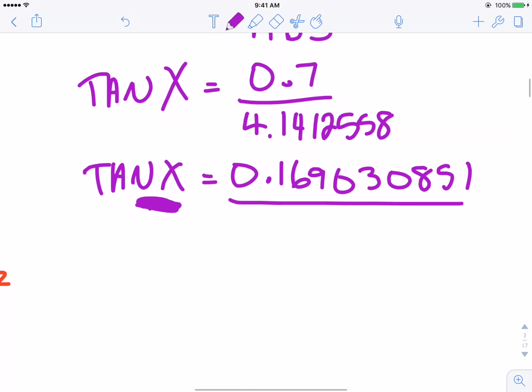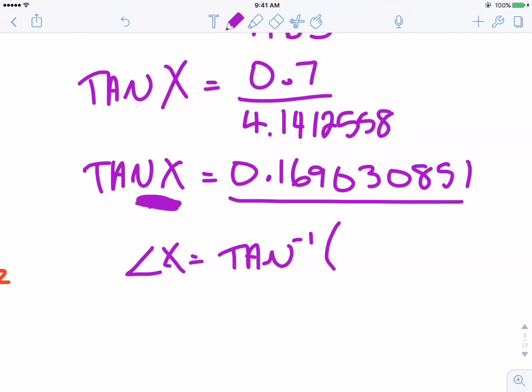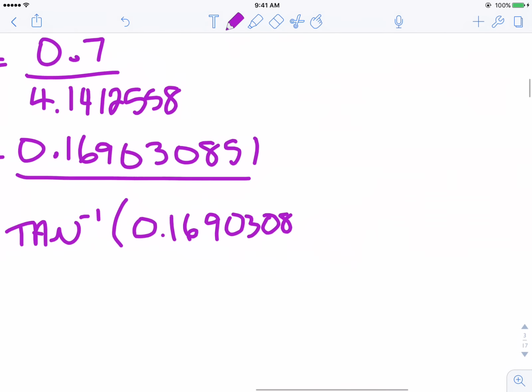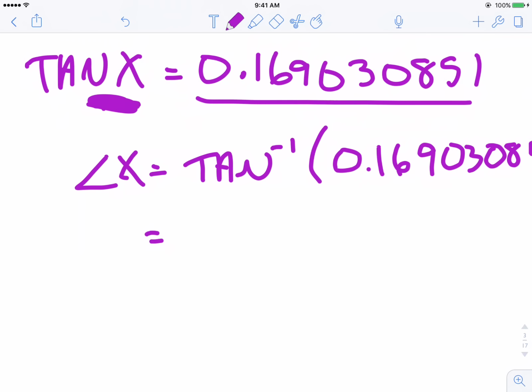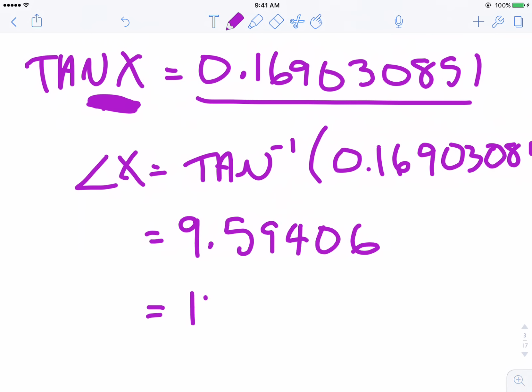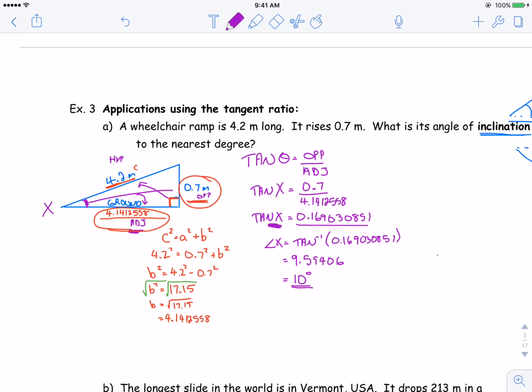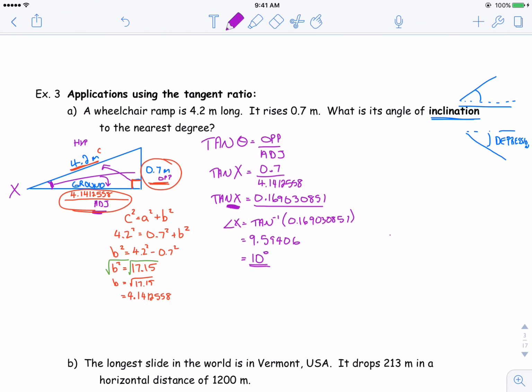So angle x is equal to the inverse function of tangent of 0.169030851. Into your handy dandy calculator, you get out 9.5940. I think that's a 6 I have written down, or rounded to the nearest whole number, 10 degrees. So my angle of inclination for this ramp is 10 degrees.